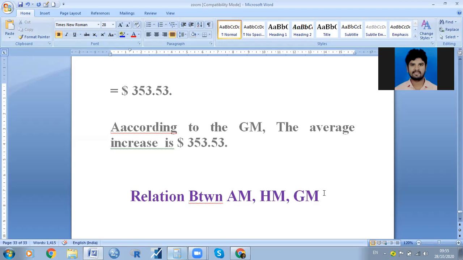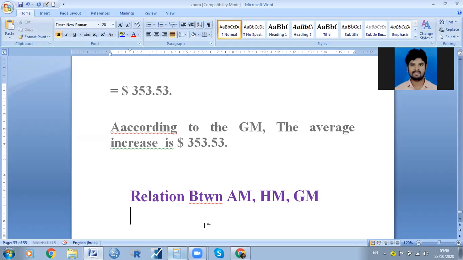When the geometric mean is required, we use the geometric mean. For example, if I give the data of marks, one person gets 10 marks, another 15, another 20. If you calculate the average, that's the arithmetic mean. We calculate the harmonic mean and geometric mean also, but the results are different.